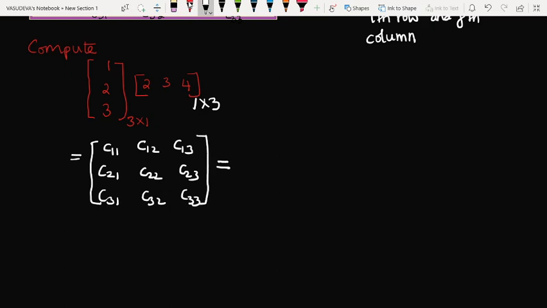That is equal to the sum of the products of the elements of the first matrix and the second matrix. First, 1 is multiplied with 2, so 1 into 2, with 3, so 1 into 3, and with 4, so 1 into 4. So 1 is matched with all the elements. Now take 2.